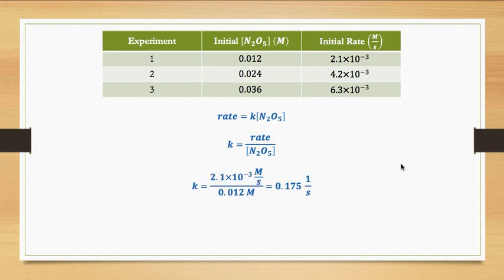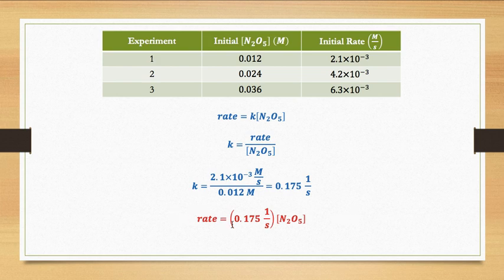So let's choose point 1. So k equals the rate, 2.1 times 10 to the negative third, over the concentration, 0.012 molar. The molarity cancels out, and the value we get is 0.175 with the units of 1 over seconds. Okay?